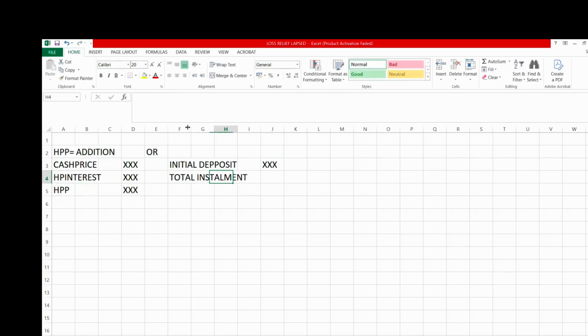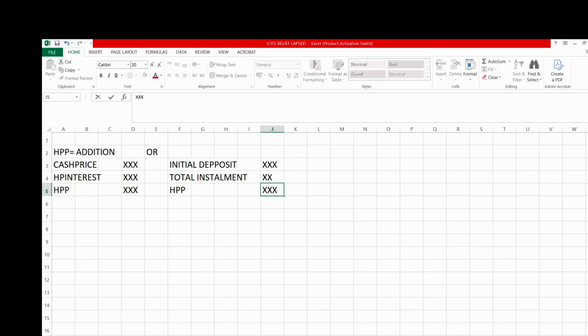So when you don't know the hire purchase interest, you can also get the hire purchase price through the addition of initial deposit plus the total installment. Either way can be used to determine the hire purchase price.